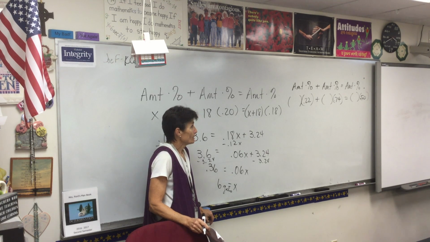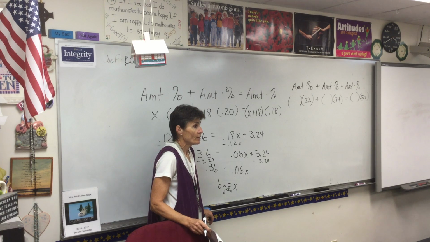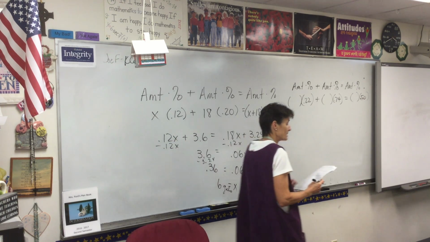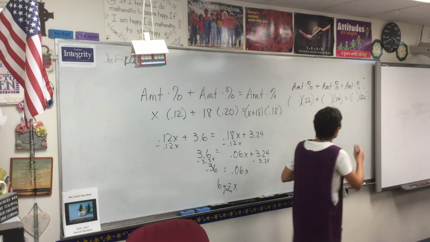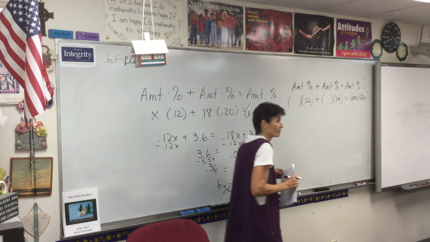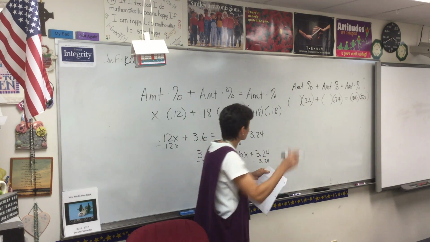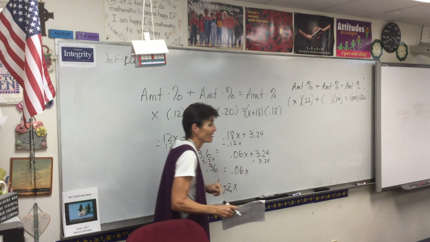Okay. Now there should be at least one other number that you know. We know 100. And the 100 is an amount. And it's the amount that goes with the 50. So the 100 goes over here, right? Now once again it says how much 22% solution. So that's going to be my X.